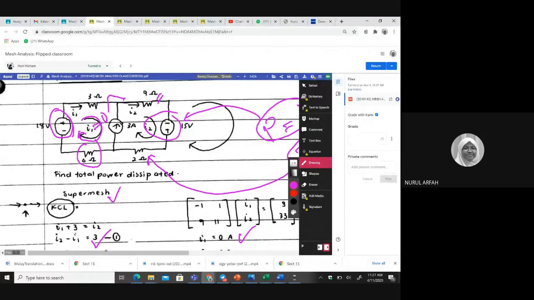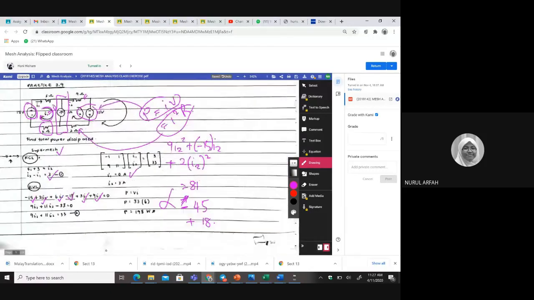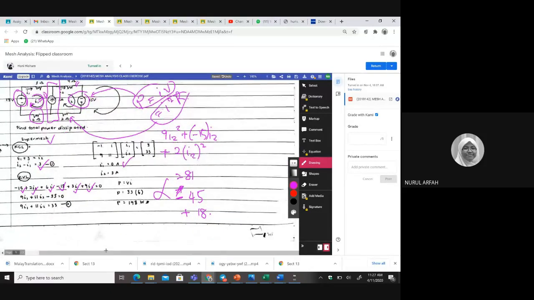Oh, okay. That's one thing. In the middle here, you know that this is a 3, right? Another element that you should add. So you have a plus 3 into voltage. But what is the voltage here?